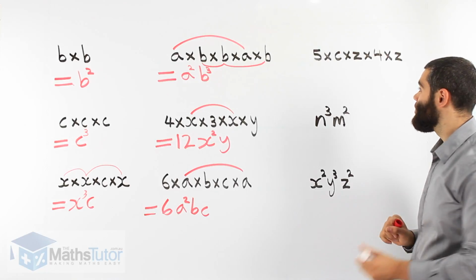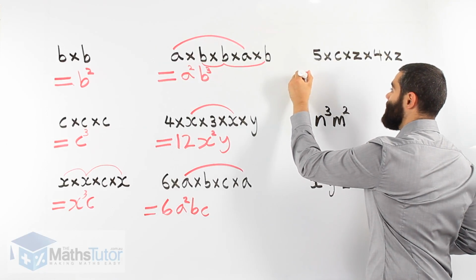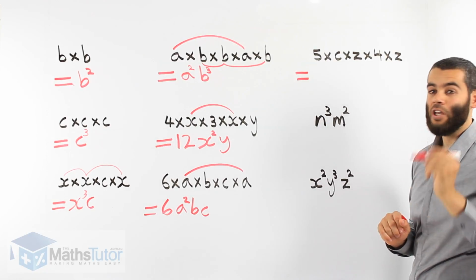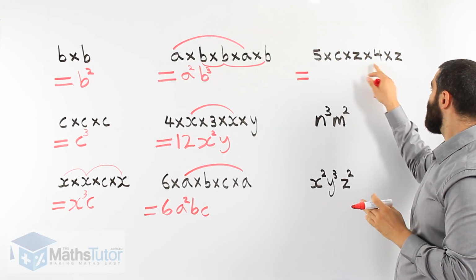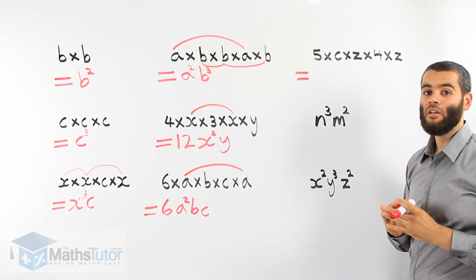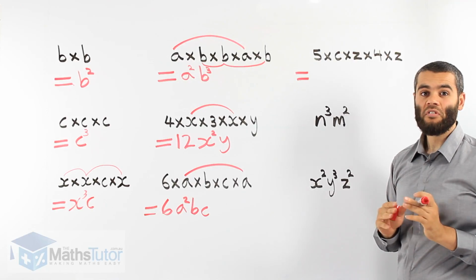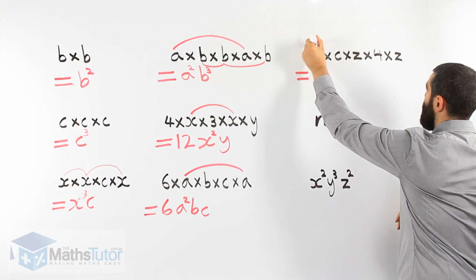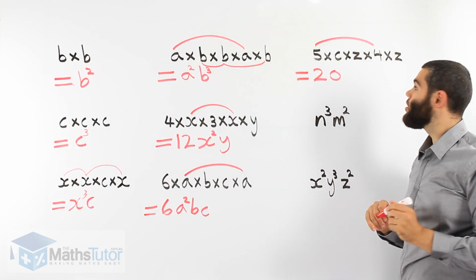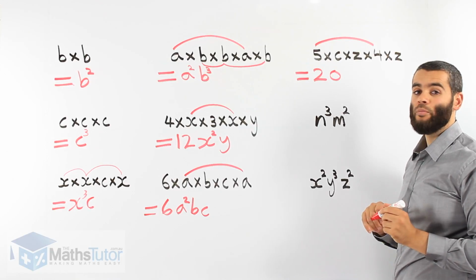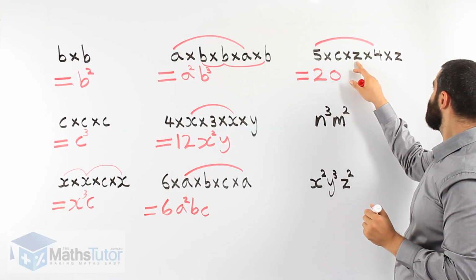Doing this one here, see if you can do this one yourself. Be quick. 5 times c times z times 4 times z. Okay. Do we have numerals? Yes, we do. 5 times 4, 20. Then we look for the pronumerals, c times z times z.